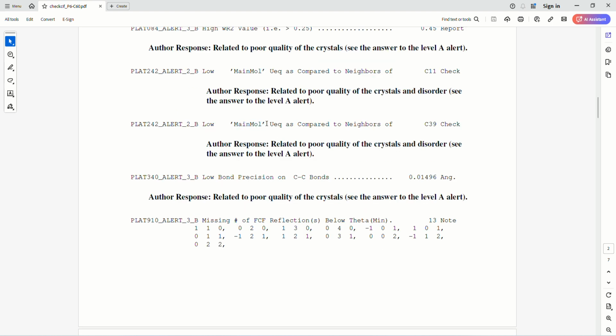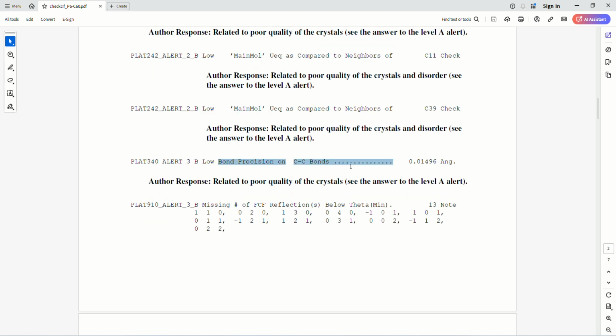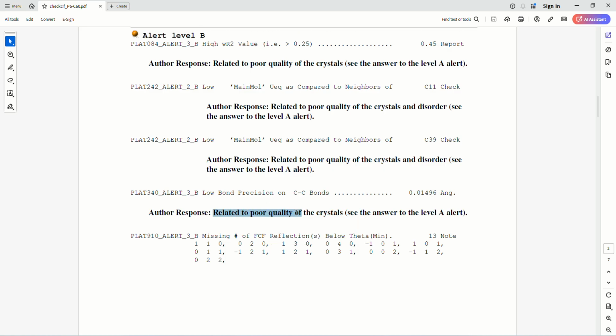Again, the same thing, and low precision, again related to poor quality of the crystal. See the answer to level A alert. Also, you can always, with different words, explain the same thing and make the reviewer bored, but I usually don't like that myself, so I just say, well, look at point A.